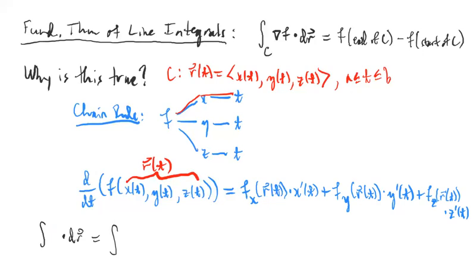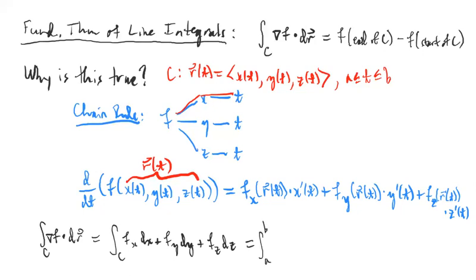I actually know that F is given by the gradient of this thing, little f. Which is written another way: the integral over c of f sub x dx plus f sub y dy. Remember this alternative notation that we had? Plus f sub z dz.